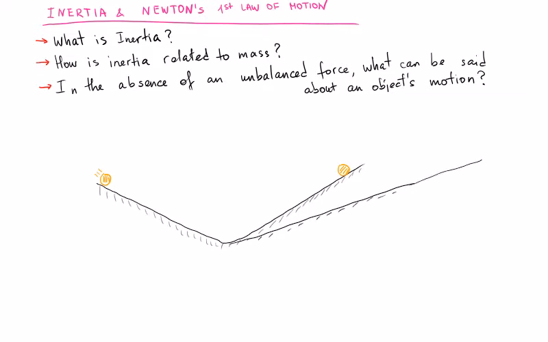One thing that he noticed is that as he changed the degree of the incline, the ball reached the same height in every incline, like here and here. So the height was the same for all of them.